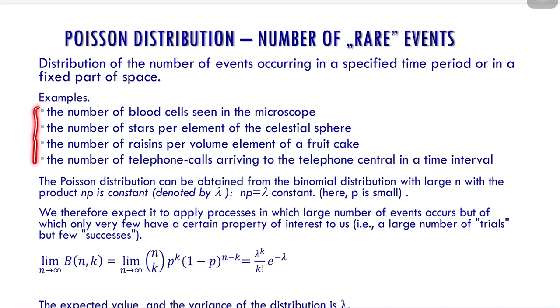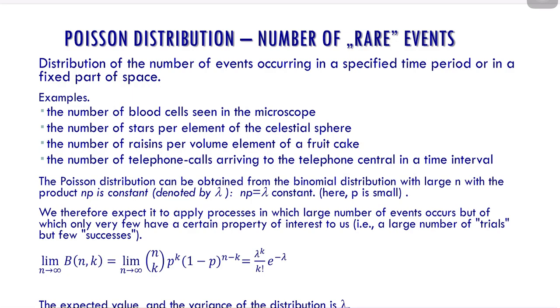For example, the number of blood cells seen in the microscope, the number of stars in an element of space, the number of raisins in a fruit cake, and the number of telephone calls arriving in a time interval.